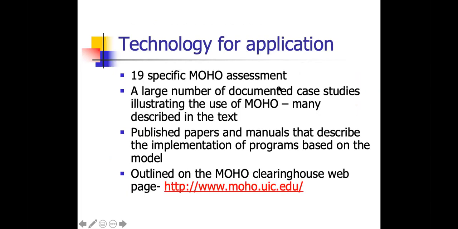So dalam MOHO ni, kalau you tengok access MOHO clearing house ni, dia ada manual untuk access dia punya model of human occupation ni, dia punya teoris. You boleh tengok kat situ. Tapi dalam kita punya subjek ni, I pilih lah. Kat sini ada 19 lebih sekarang ni. Lebih daripada 19.